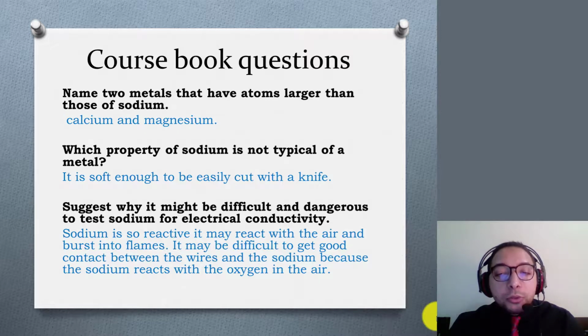It may be difficult to get good contact between the wires and the sodium because the sodium reacts with oxygen, and that's why sodium is stored in oil, because they need to block the air from the sodium. So they tend to put all the metals found in group 1 underneath oil, so the oil will prevent the reaction between the metal and the air, so no reaction will take place, and as a result you can store the metal for a long time.